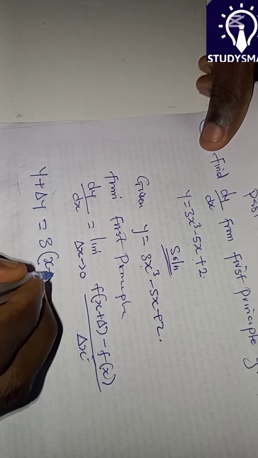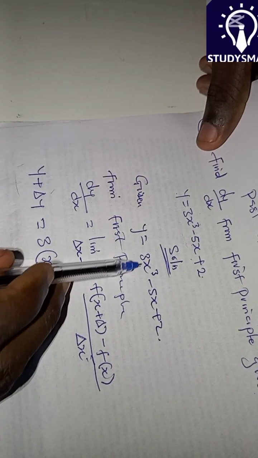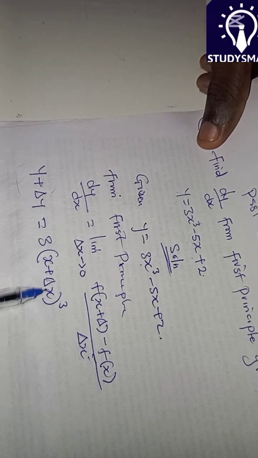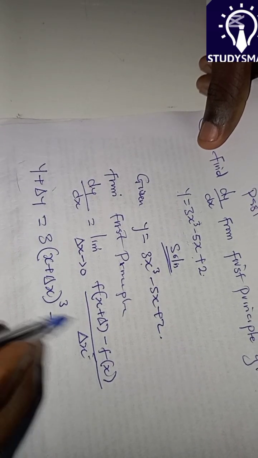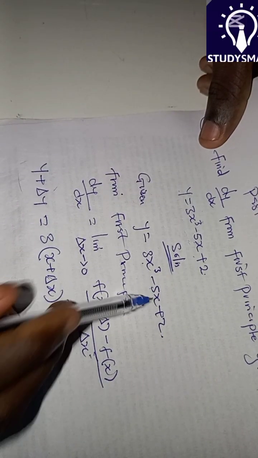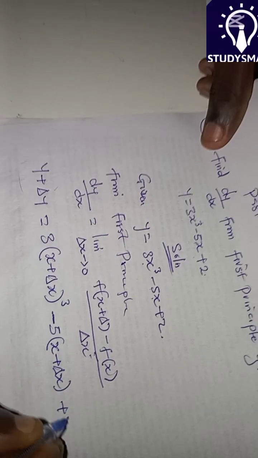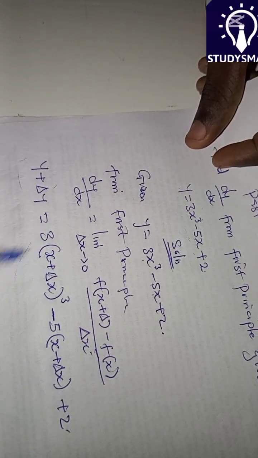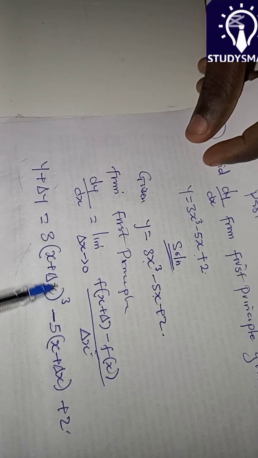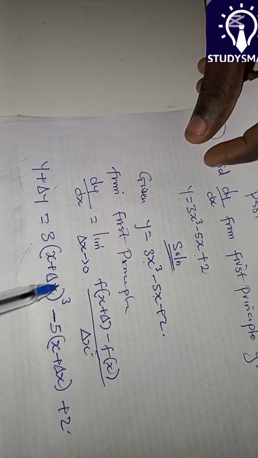I have x plus delta x raised to power 3 because there is 3 here. So my x here is just what is changing, from x to x plus delta x. Then I have minus 5, and I have x. The x will also change, x plus delta x here, then plus 2. Right, so this is what I have for this guy here.